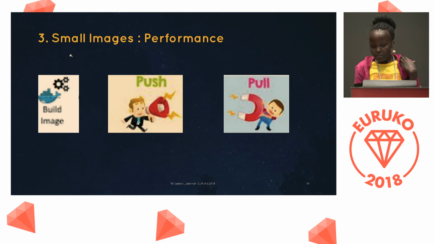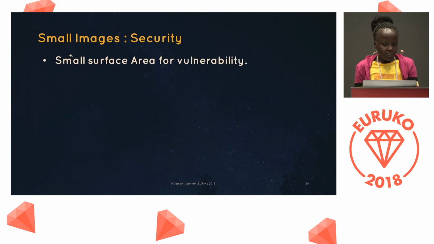And if your image is big, performance-wise, it will take longer, depending on the size, in the operations of pulling and pushing images. Then for security, big images become an issue because there is a bigger surface area for attack. So the bigger the image, the bigger the possibility of being attacked.